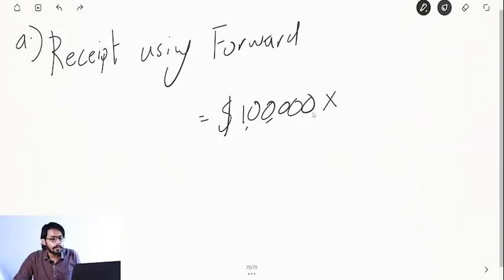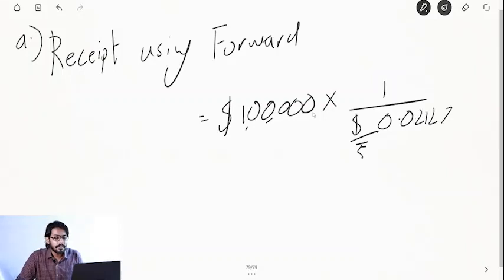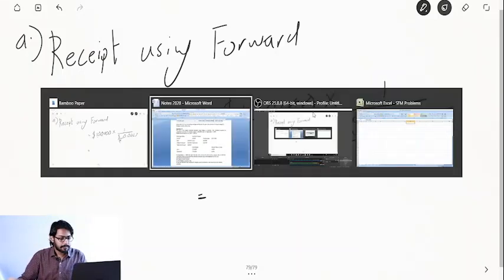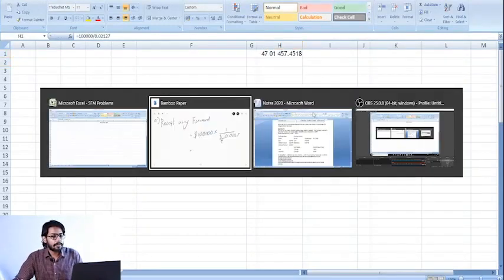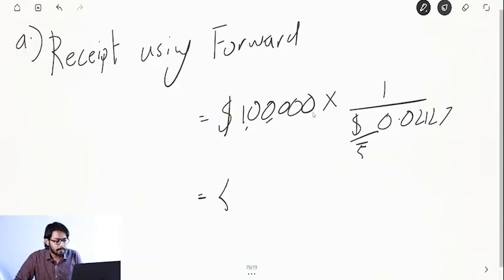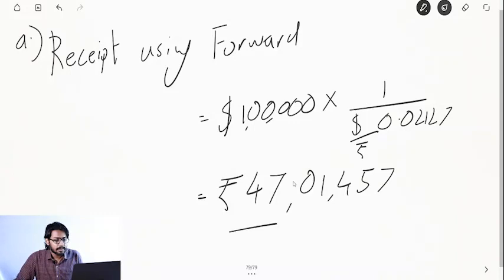You will have to go into 1 by dollar by rupee, 0.02127. That's equal to 1 lakh divided by 0.02127. You will get 47,01,457 rupees. This is receipt using forward.